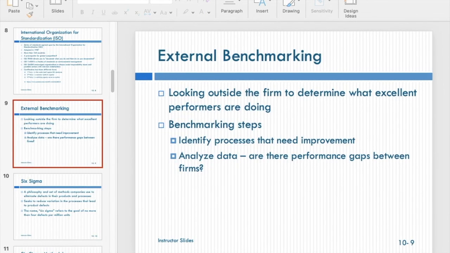All we just talked about is related to the internal control of quality management improvement. What this slide shows is called external benchmarking, which is also a very important aspect of improving quality management. You can imagine that for a firm, besides internal control, external benchmarking is also very important, because you have to look outside of your firm.